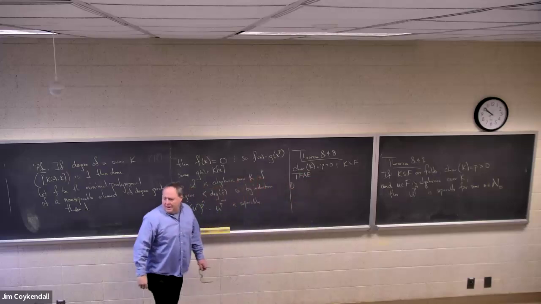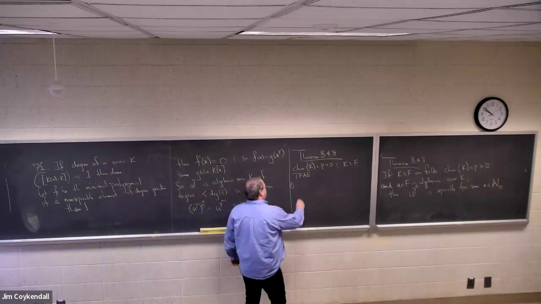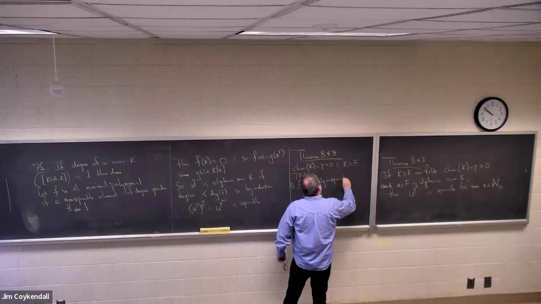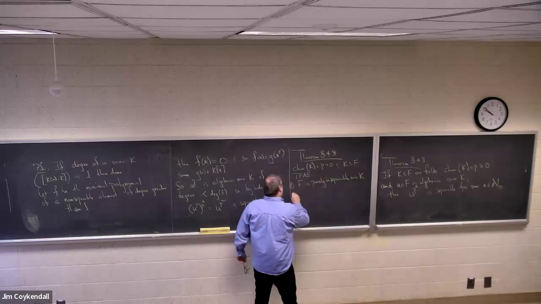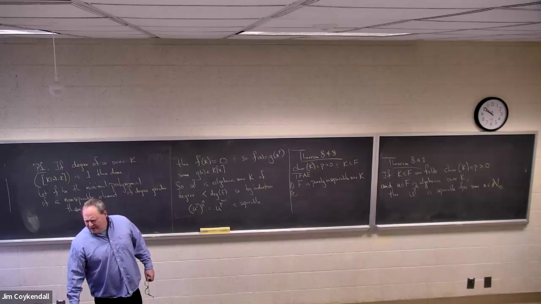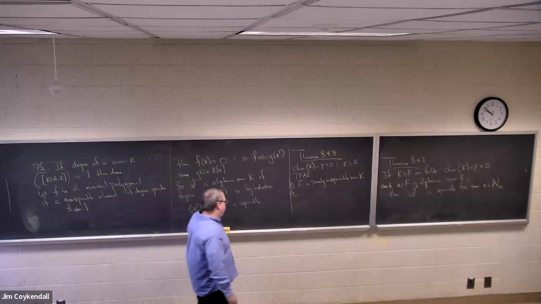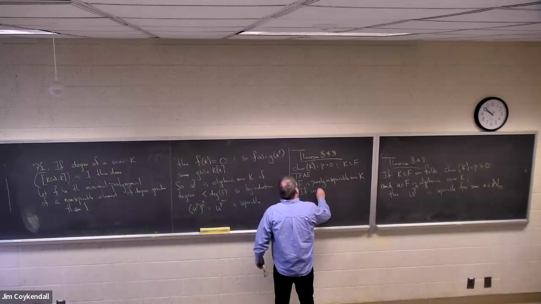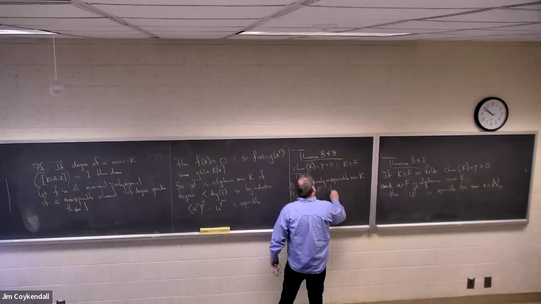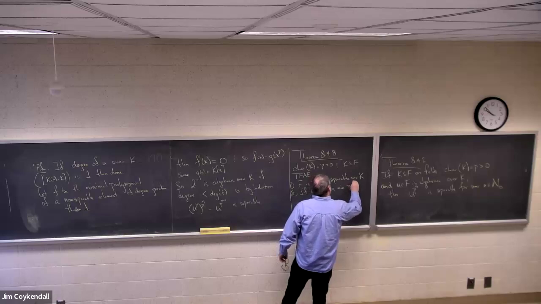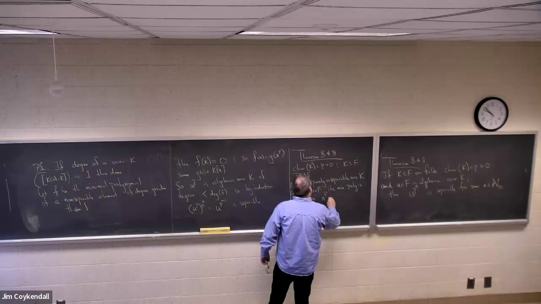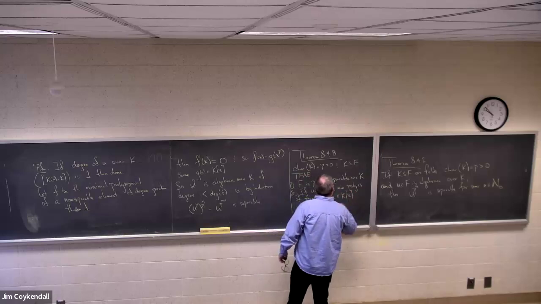Number one, F is purely inseparable over K. Number two, the irreducible polynomial of any u in F, its minimal polynomial, is of the form x to the p to the n minus a in K[x].